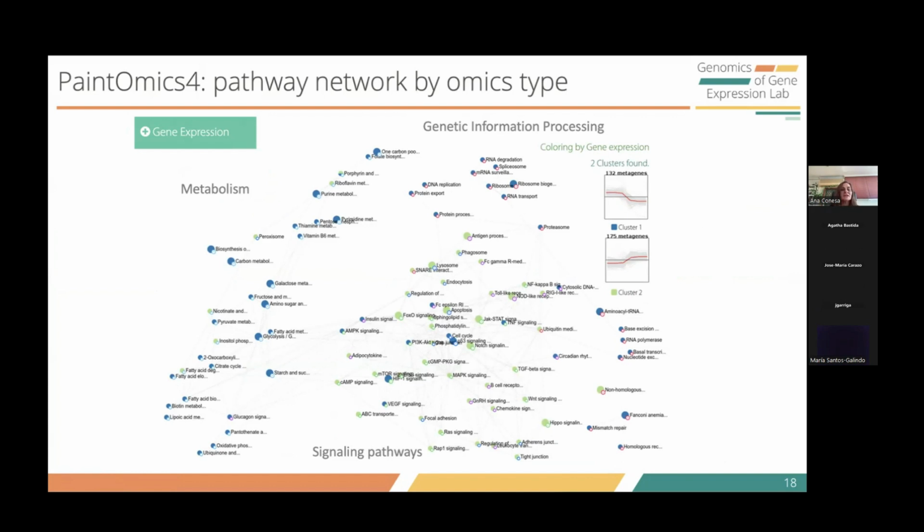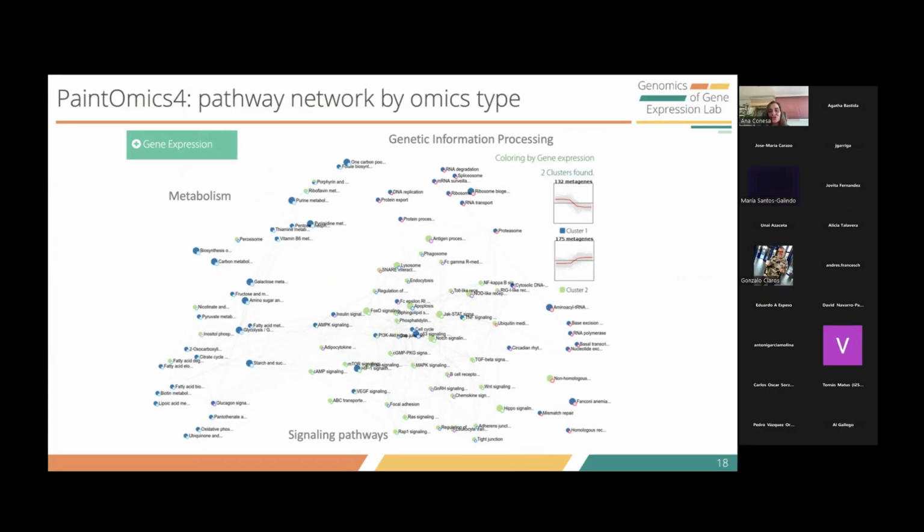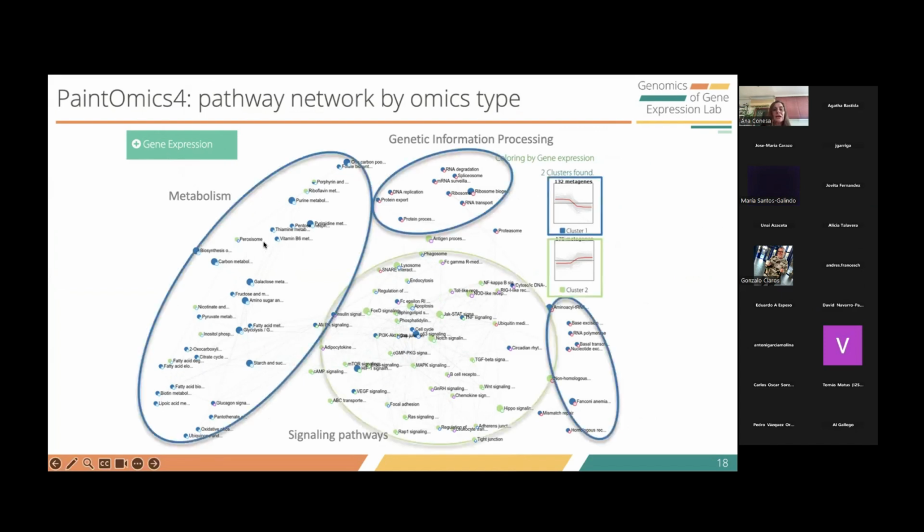For example, this is some data from a B cell differentiation time course, and this is the data that we have at the gene expression level, and what we can see here is that we have two major patterns.